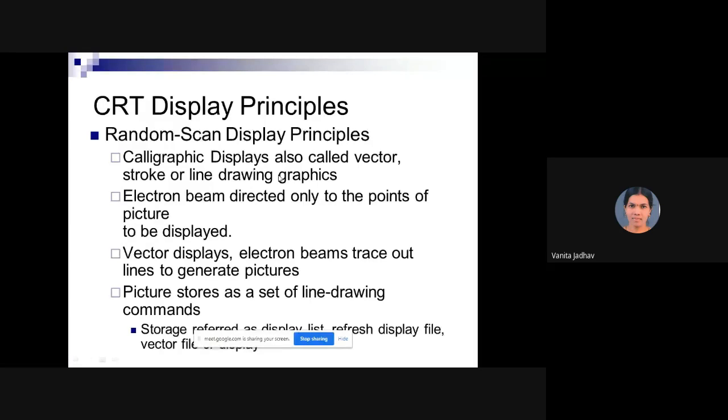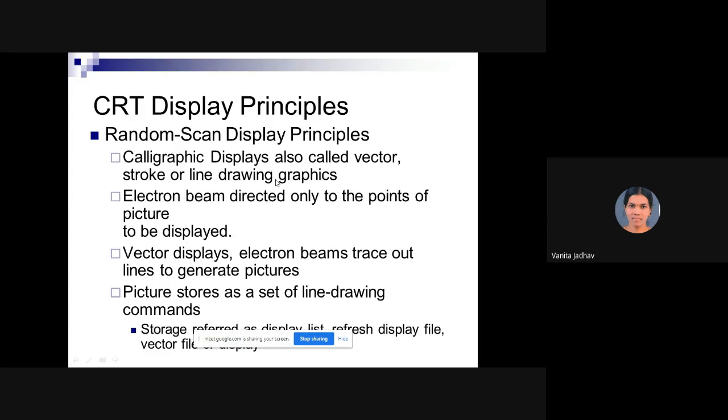In the previous raster scan display, how the picture is drawn is in the form of pixel by pixel. But in case of random scan display principle, the picture is drawn with the help of lines. That's why line is called the basic unit of picture in random scan display, and pixel is called the basic unit of picture in raster scan display.